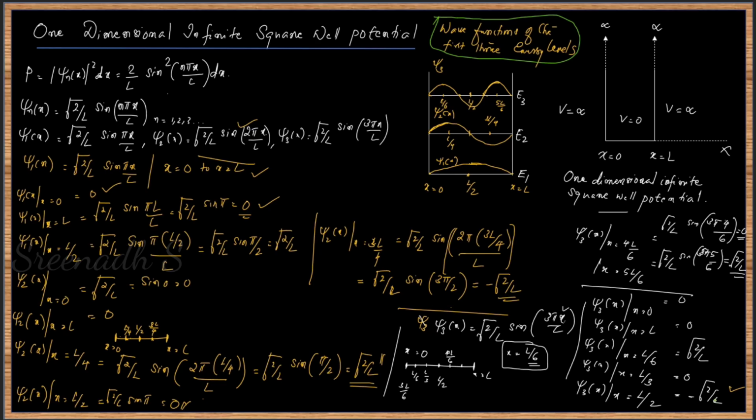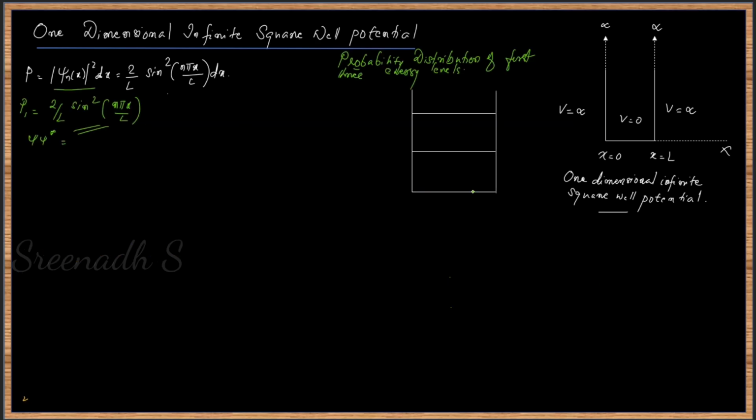For the ground state E1, that is the same graph, but when we draw E1, E2 and E3, if you really draw this based on the magnitude, that will be the difference. E2 is equal to 4 E1, E3 is equal to 9 E1, like that. So when we do that in the proper manner, we need to consider that distance as well.